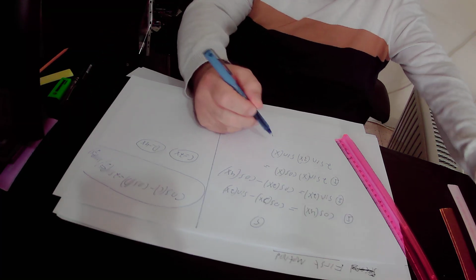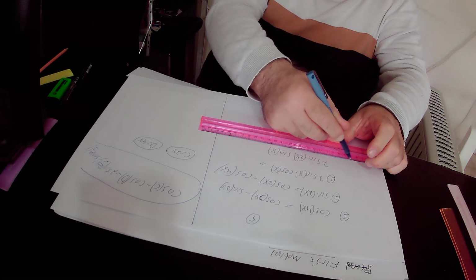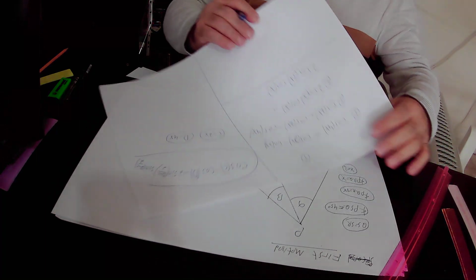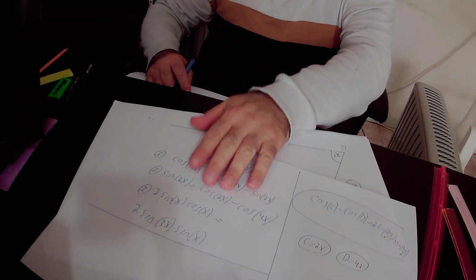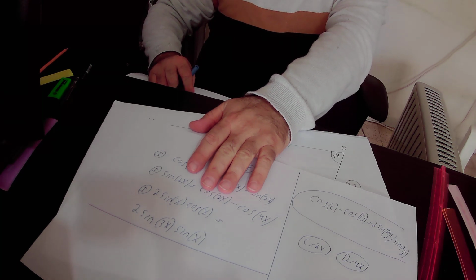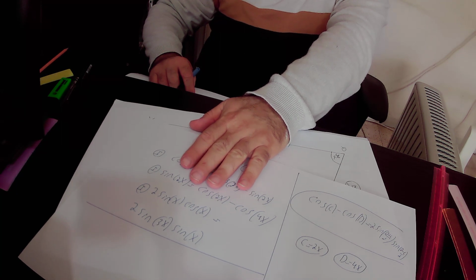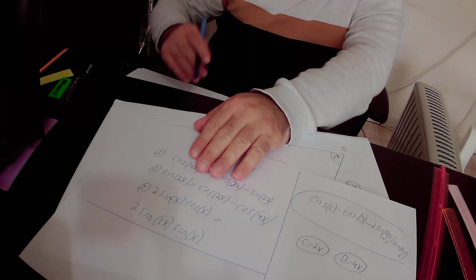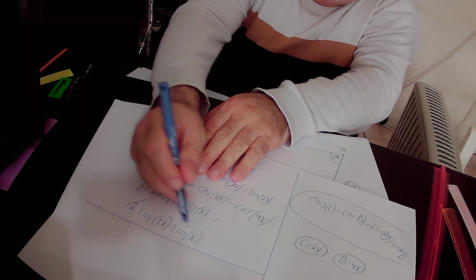So in conclusion, we found out that 2 sine x cosine x equals 2 sine 3x times sine x. Here we will divide this equation number 1 by 2 sine x. So the 2 sine x will get cancelled on both sides.